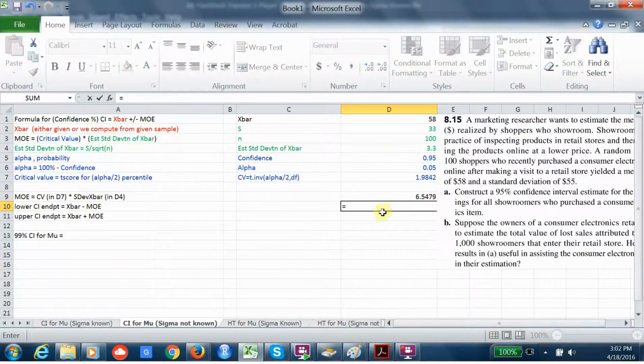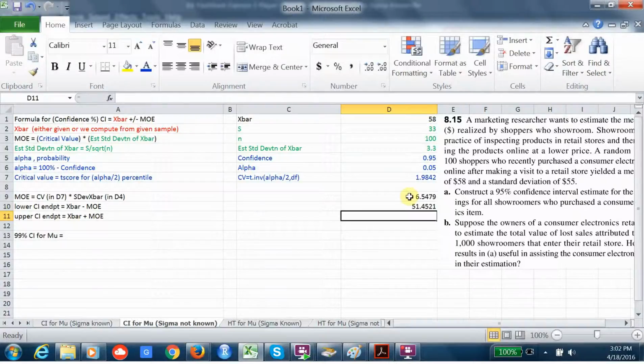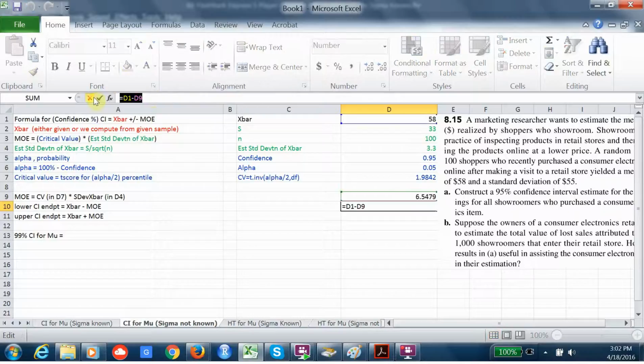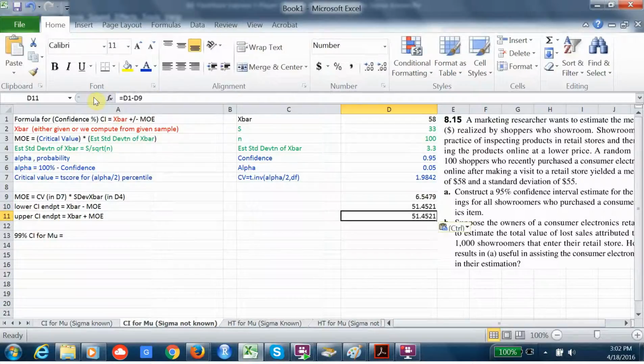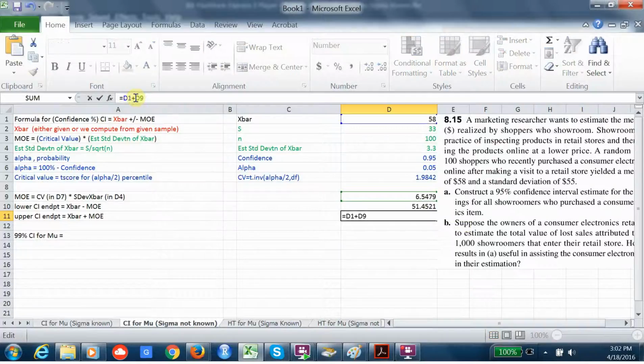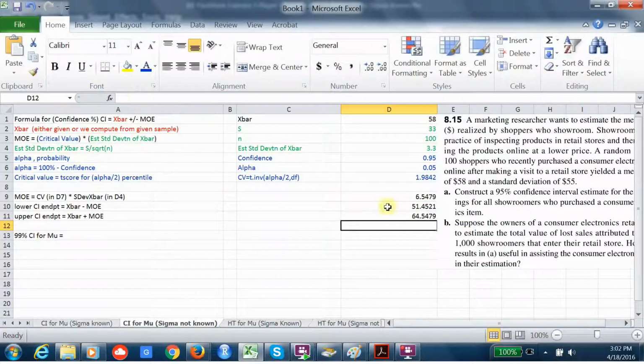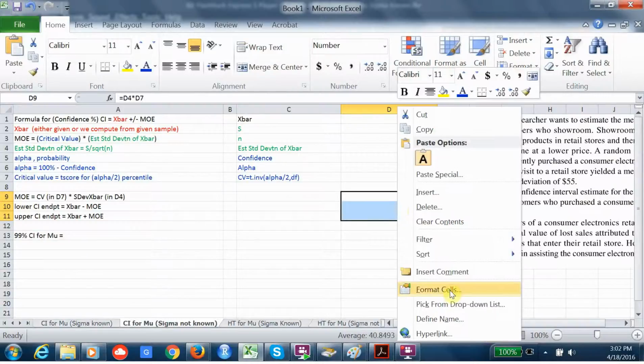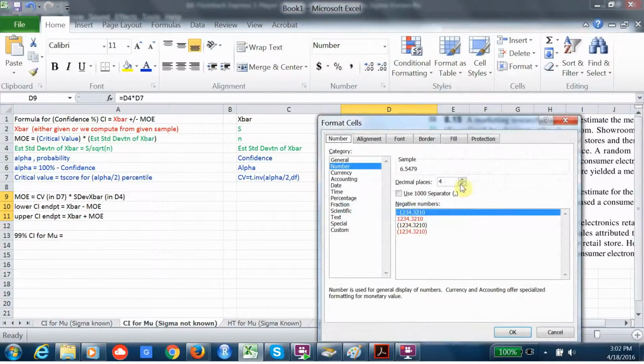The lower endpoint says take whatever x bar is and subtract the margin of error from it. And I'm just going to cut and paste that. Notice that I'm dealing in money, so I can round this off to 2 decimal places. Probably not a bad idea to round everyone off because these values are in terms of money.